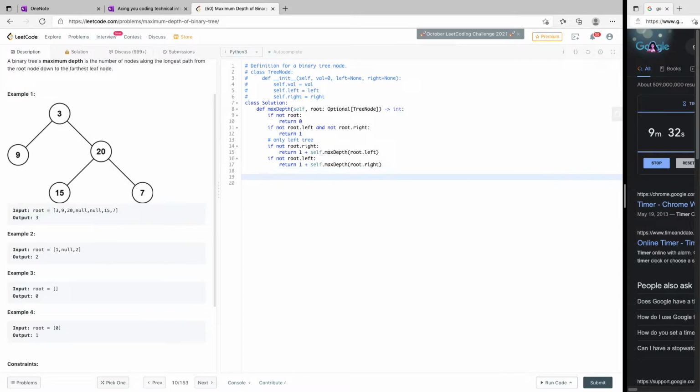Now the last stage is when we have both trees. If we have both trees, we want to return the max of the two. So we return 1 plus, because at this stage we already have at least one node, the max of either of these two, whatever gives us the maximum.